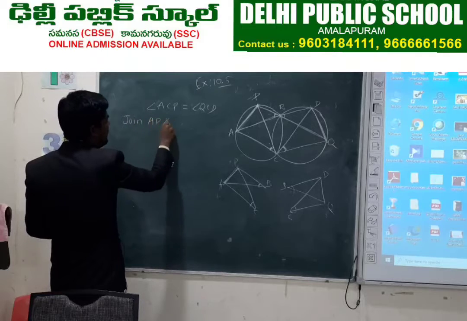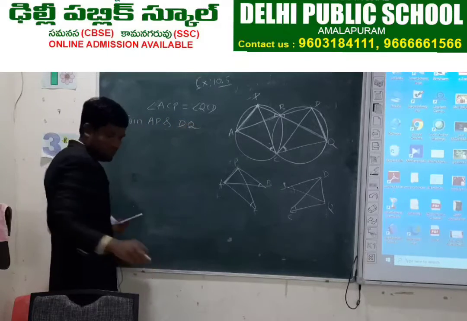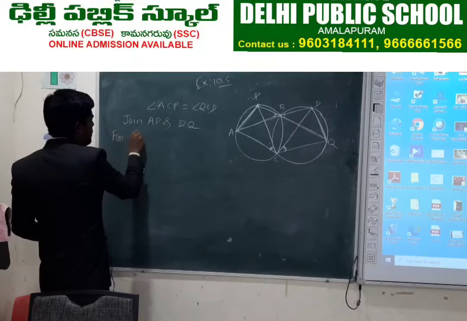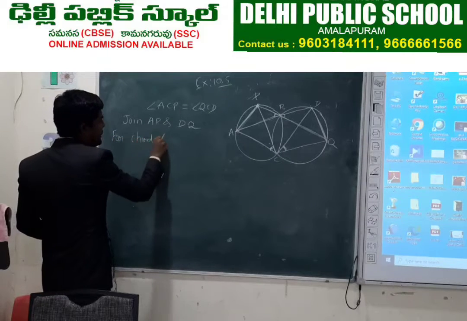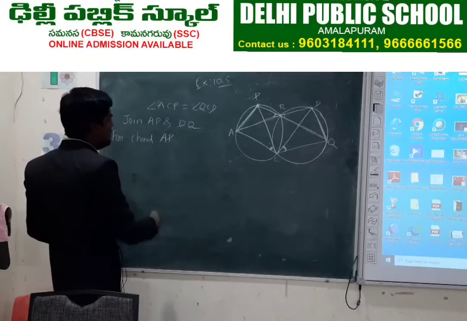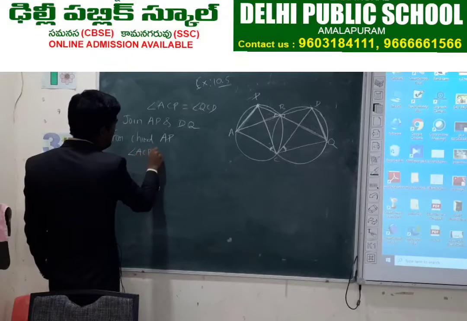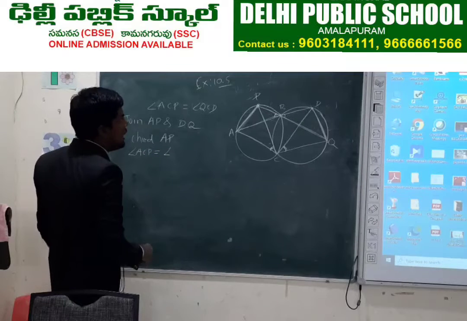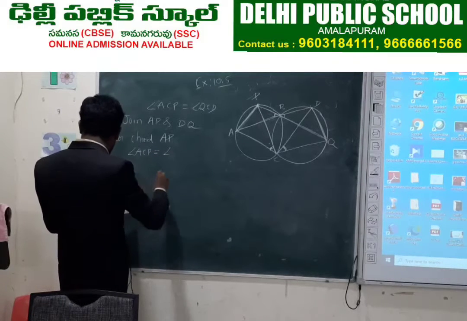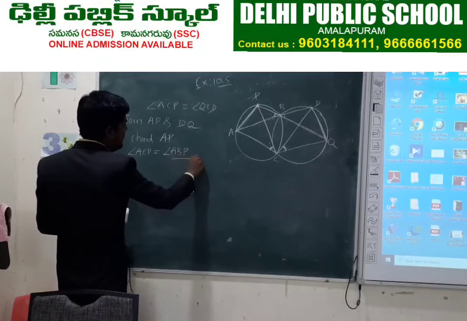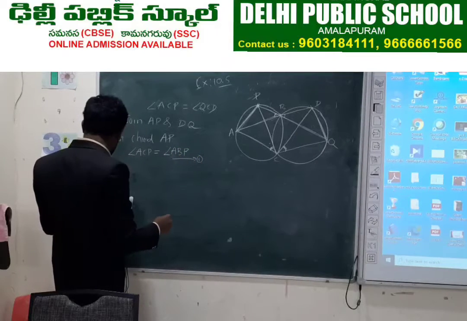Join AP and DQ. So for chord AP, angle ACP is equal to angle ABP. Equation 1.